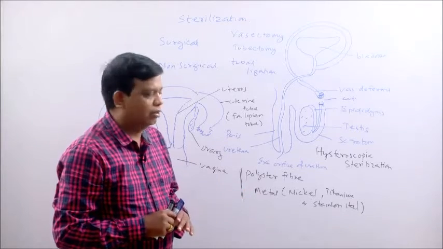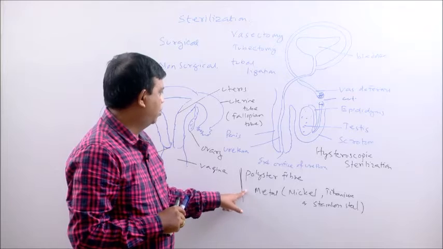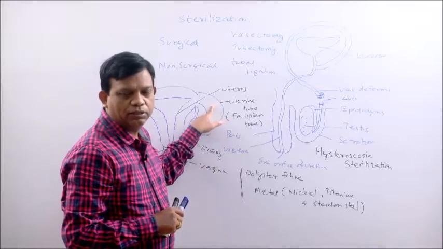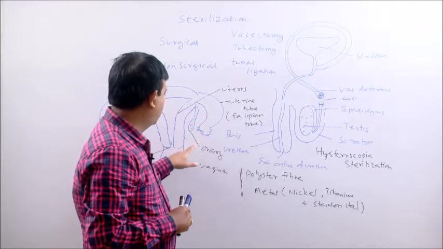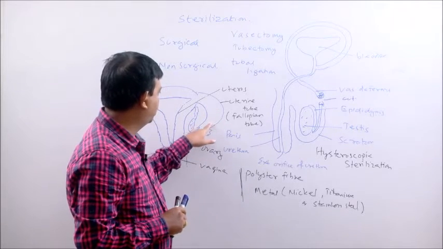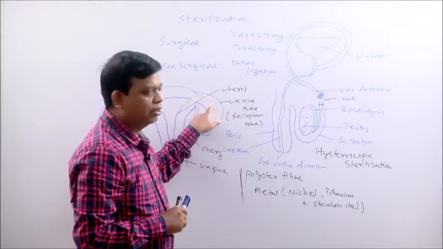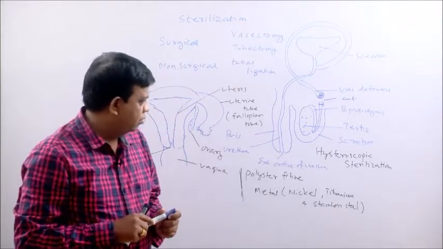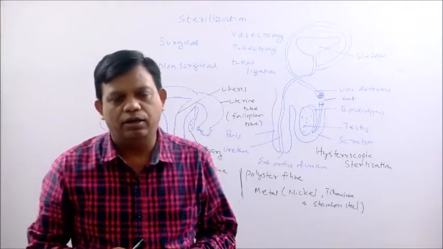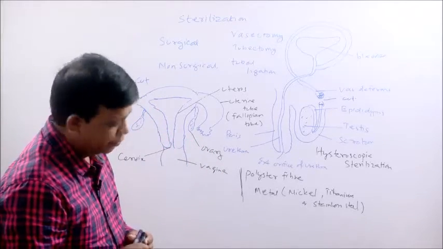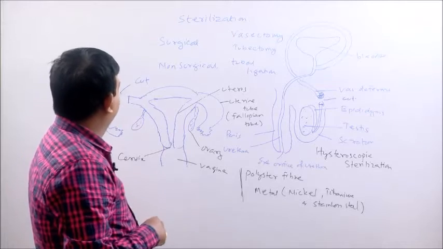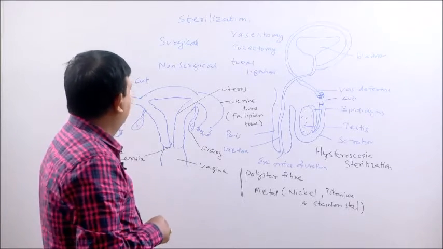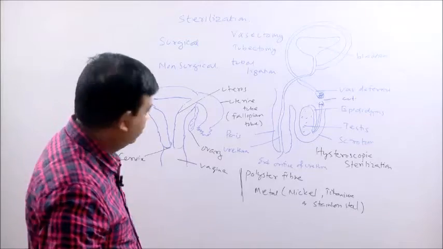When scar tissue develops around the coil, the uterine tube gets blocked, so that eggs released from the ovary can no longer pass through the uterine tube. This process is irreversible. So these were the different methods of sterilization.